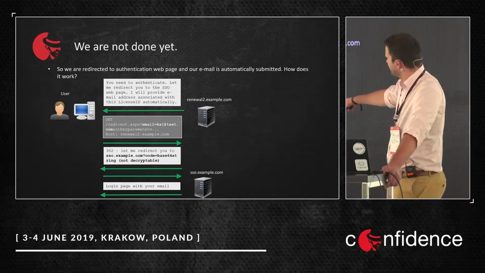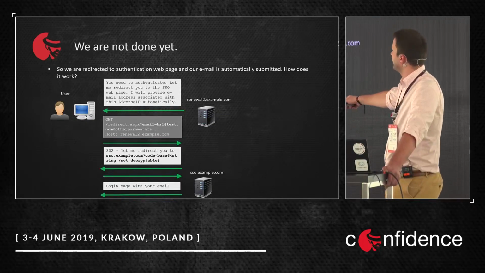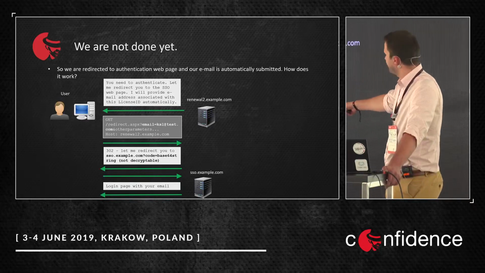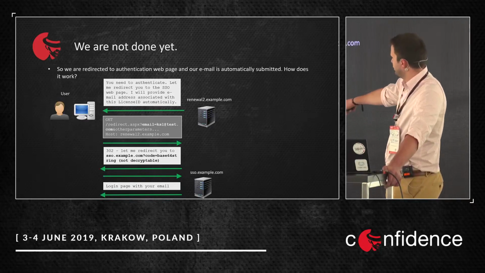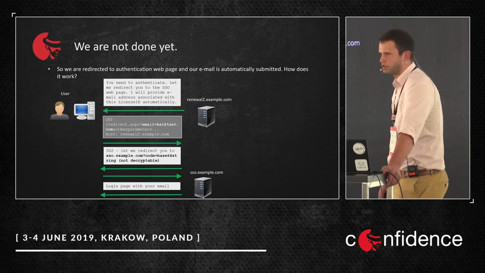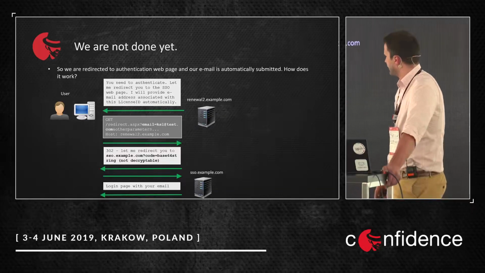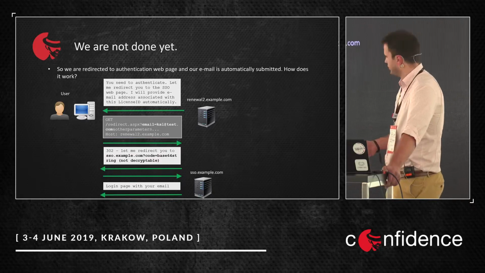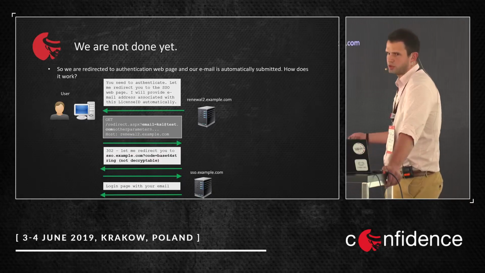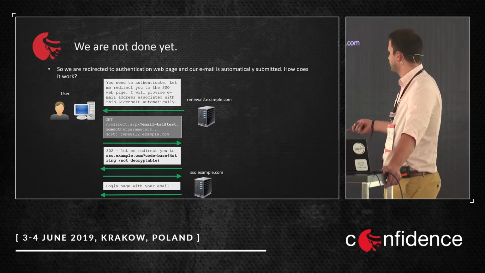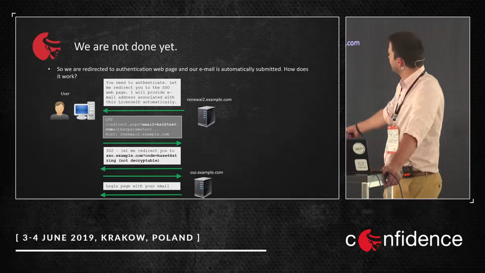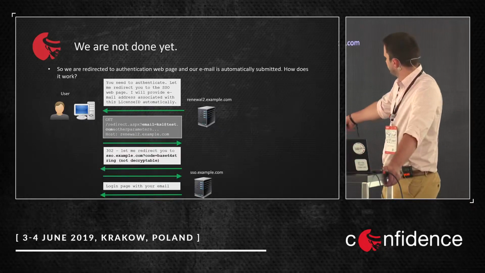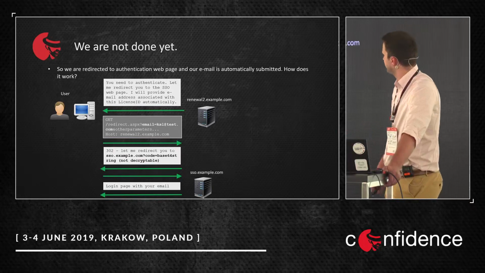Then the server responded with a redirection to the single sign-on web page, and some information was encoded in a base64 string. This base64 string couldn't be easily decrypted, so you were able to decode it, but you were not able to get information. However, the last step returned the login page with your email.